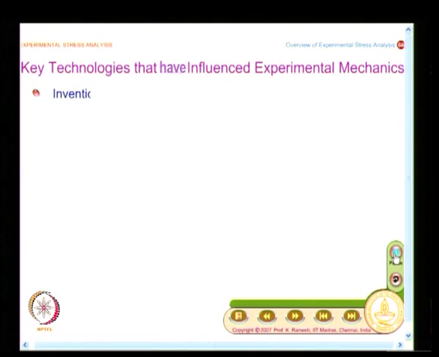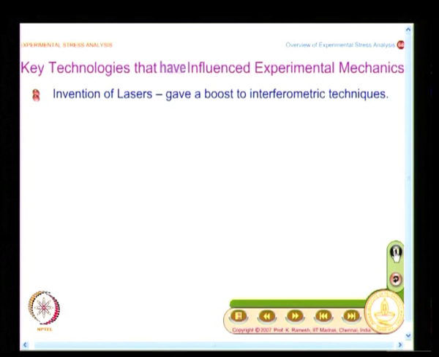And now, let us look at key technologies that have influenced experimental mechanics. Obviously, the invention of lasers gave a boost to interferometric techniques. I said when holography was invented, Dennis Gabor had only a mercury arc lamp.